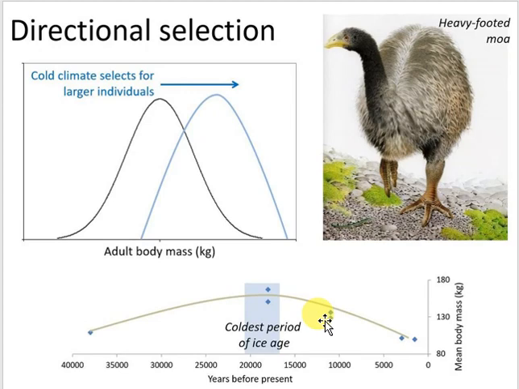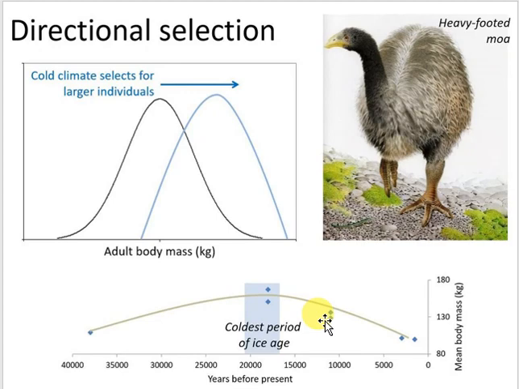And the reason for that is larger individuals have a smaller surface area to volume ratio. So that enables them to retain heat more efficiently, which as a result allows them to be more fit in cold climates. So it increases their fitness in cold climates.